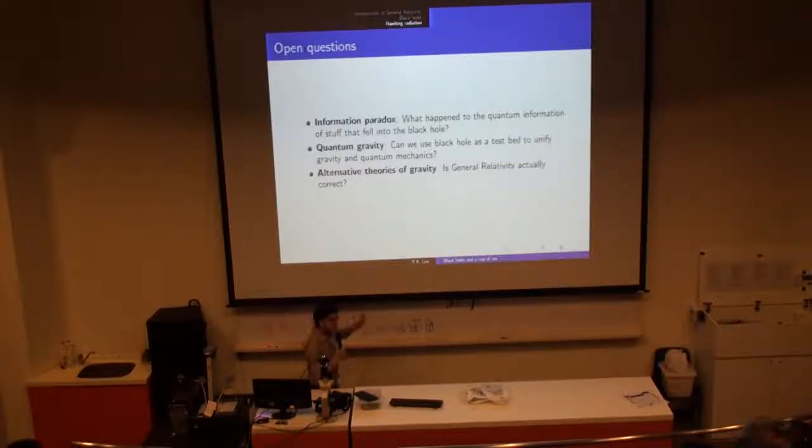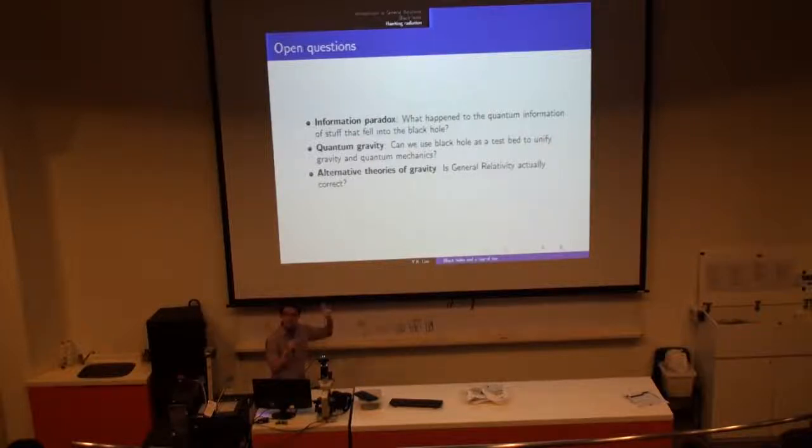One of Hawking's last papers before he died was working on this problem. And because in the previous slide I showed you the equation where parameters from different branches of theory appear all at once, that gives us some hope that maybe we can have a quantum theory of gravity.